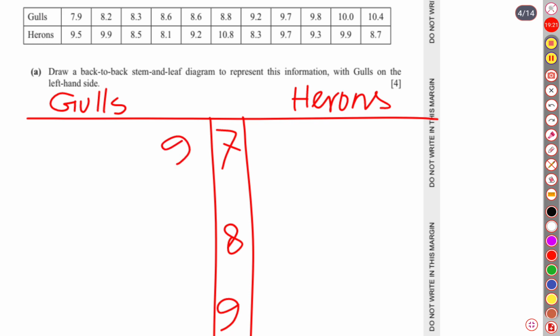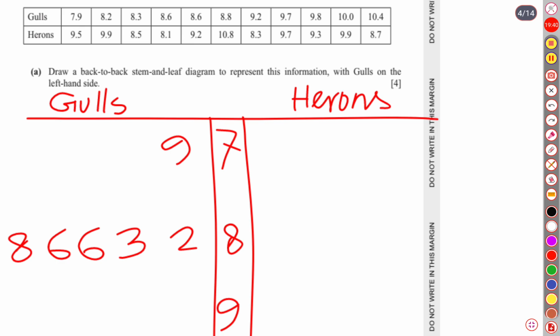After 8 there is 2, 3, 6, 6 as well as 8. Then after 9 there is 2, 7, 8.